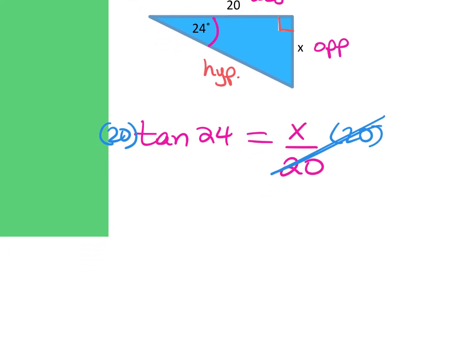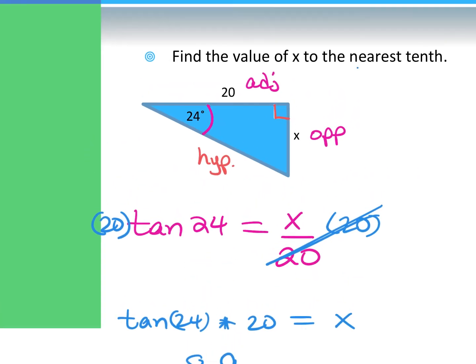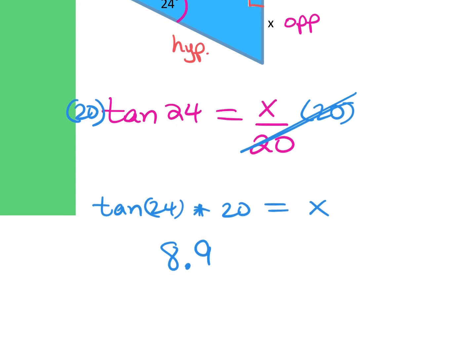And now on your calculator, you can either choose to do 20 times the tangent of 24, or if you want to do tangent 24 times 20, do it in that order. You're still going to get the same answer either way, because remember, multiplication is commutative. So rounded to the tenths place, because that's what they set up here, is 8.9.